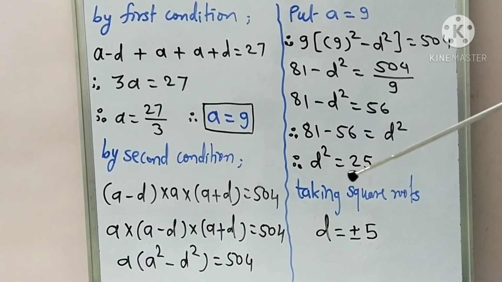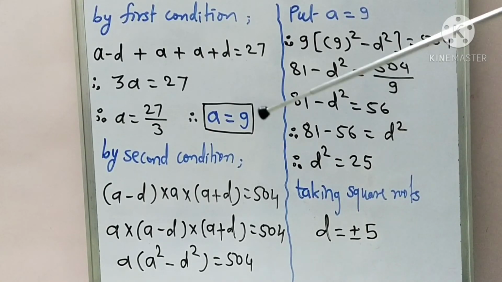Therefore d square is equal to 25, the subtraction. Hence the value of d, taking square roots on both sides, is as we know, for any perfect square number there are two square roots, either 5 or minus 5.